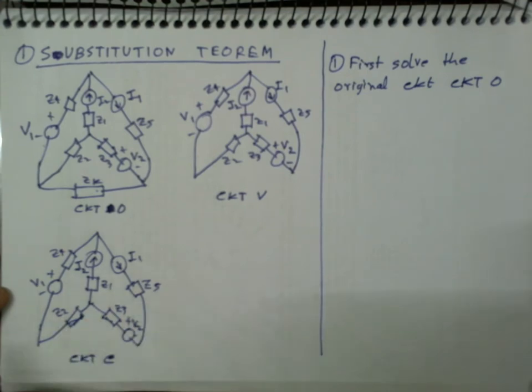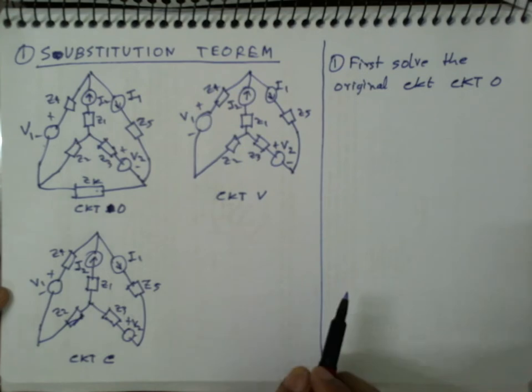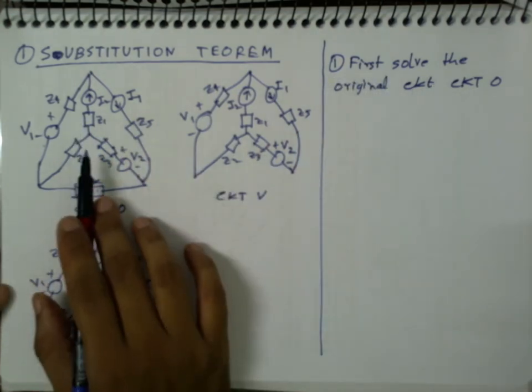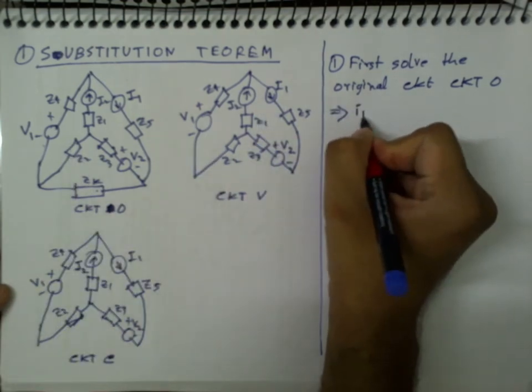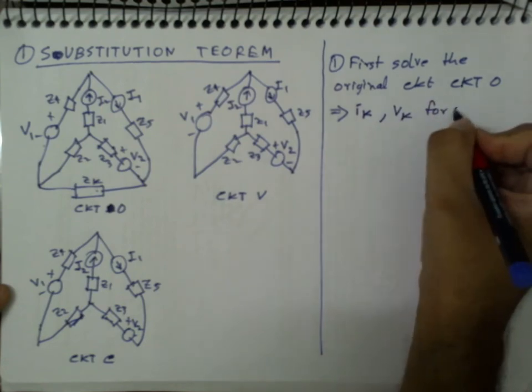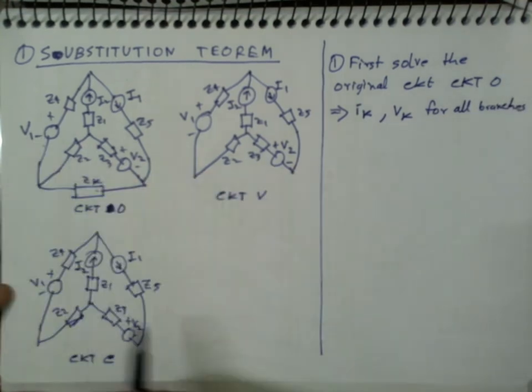Identical circuit, everything same: same set of voltage sources, same set of impedances, and same set of current sources. So first I will solve this circuit. After that we will have IK and VK for all branches in the original circuit.